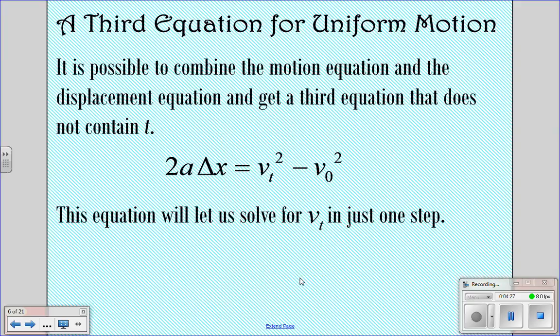All right, so looking at a third equation for uniform motion. It is possible to combine the two equations that we know, motion and displacement, to get a third equation that does not actually contain t. So we have 2a delta x equals v sub t squared minus v sub o squared.